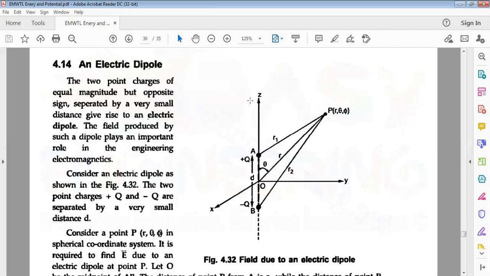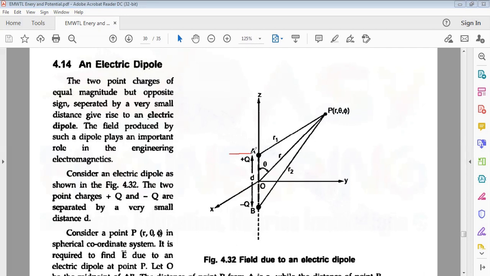On the positive z axis at the point A, you can choose a positive charge Q, and on the negative z axis at the point B, you can take a negative charge minus Q, separated by a very small distance.